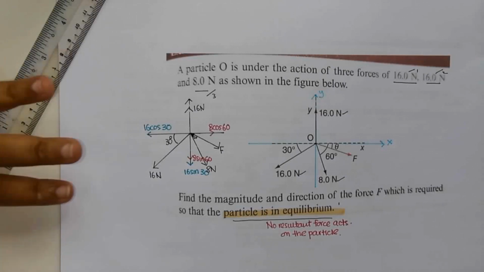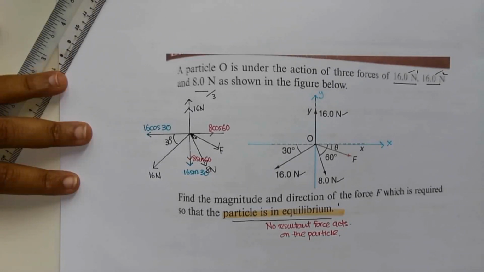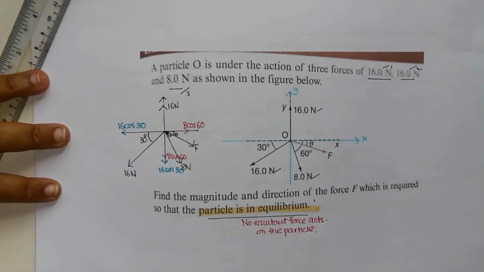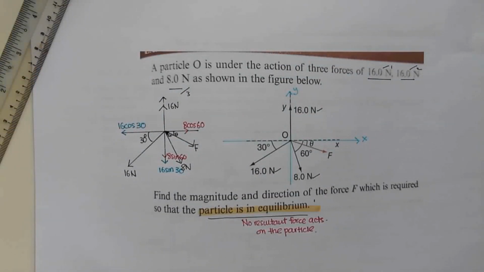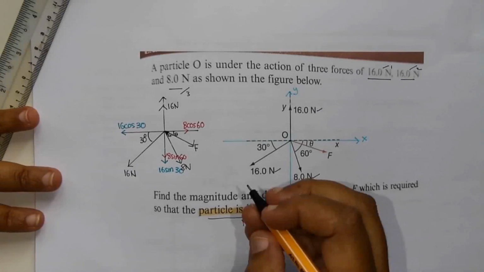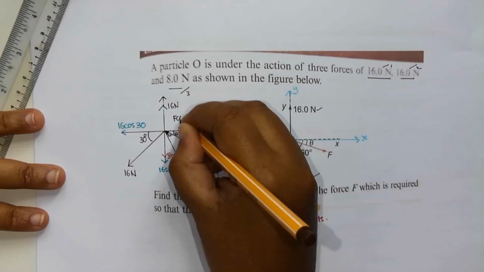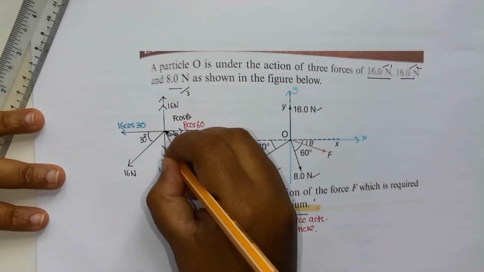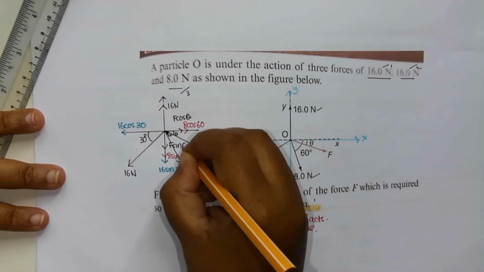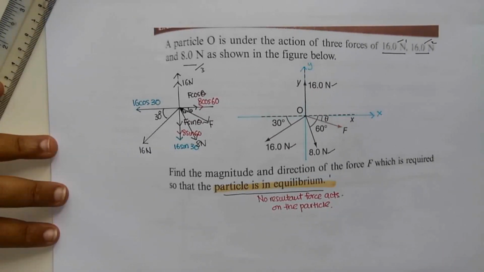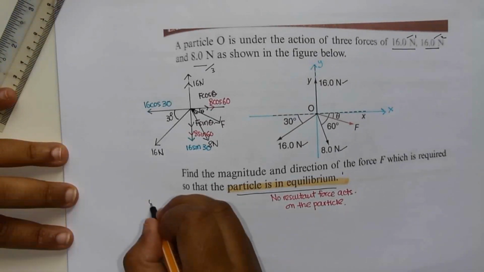Then we also need to resolve F, where the angle of F is theta. I'm going to use another color pen, brown. Here will be F cos theta, and here F sine theta. Now let's look at the y-axis.